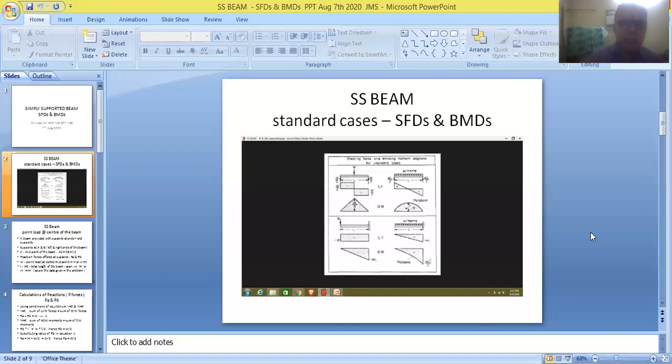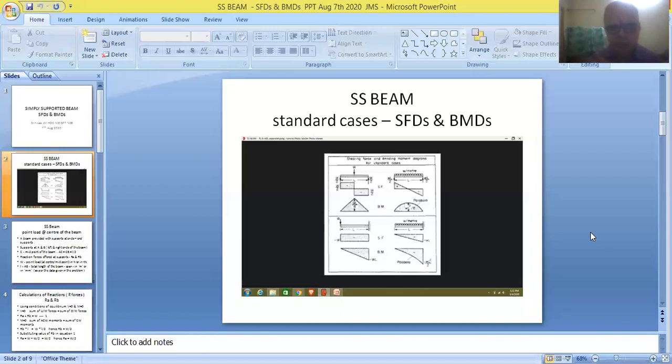That means the distance between both the ends of the beam. So naturally, it gives us the total length of the beam. And capital L or small l is generally used for indicating the total length of the beam.